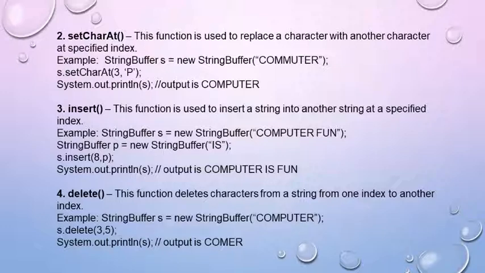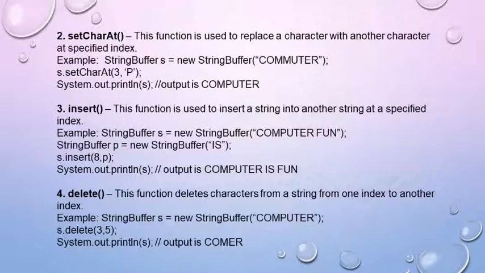See here in this example, StringBuffer s equals new StringBuffer("computer fun"). This is the first string which is stored in the variable s. The next variable is p, in which we are storing the value "is". If I write s.insert(8, p), that means the string p will be inserted at index number 8 in the variable s. Since it is written s.insert, it will be inserted in s. Start counting the index number in the first string.